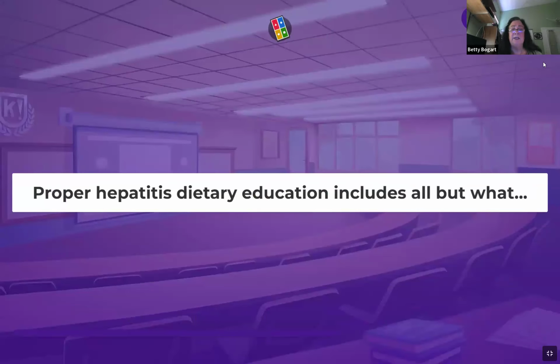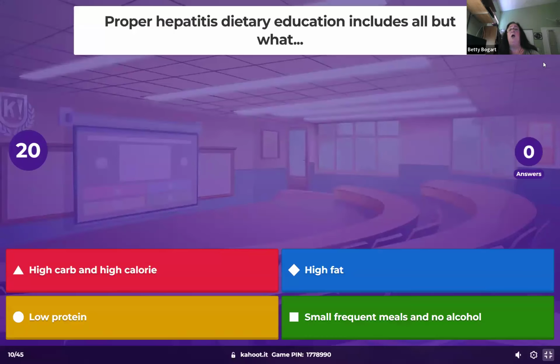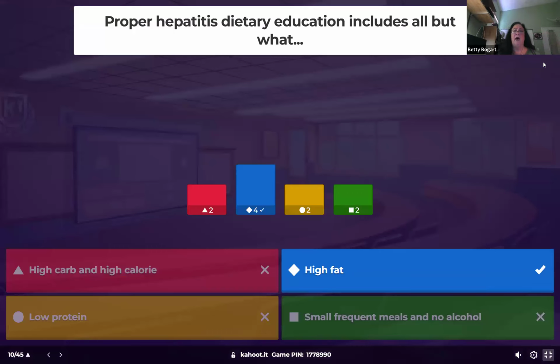Proper hepatitis dietary education includes all but what? Hepatitis. What can they eat? Remember hepatitis, that liver secretes bile, which digests fat.